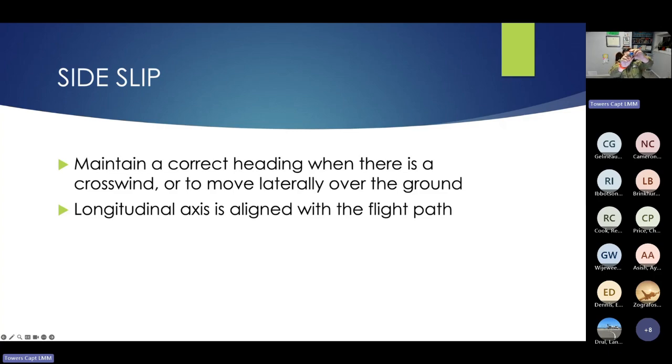So let's say you had a strong wind coming from here. If you were flying straight, you'd see that the wind is actually pushing you over here. So even though you're flying straight, your track over the ground is going to look more like this. If you use a side slip, we'll go over the entry in a second here.